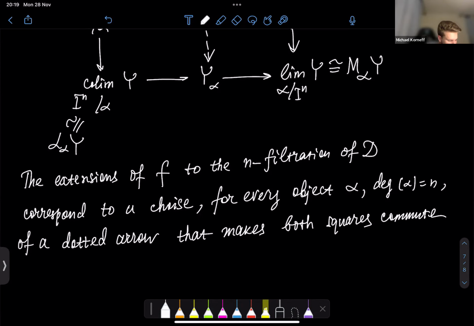Okay, and now we are ready to formulate the following important lemma, the so-called Hirschhorn's lemma.